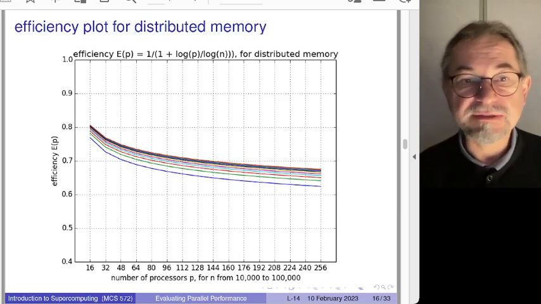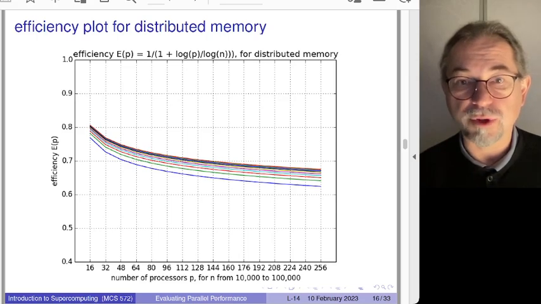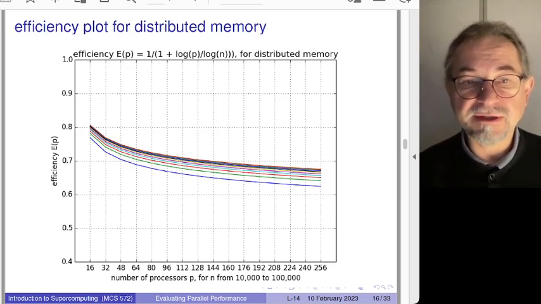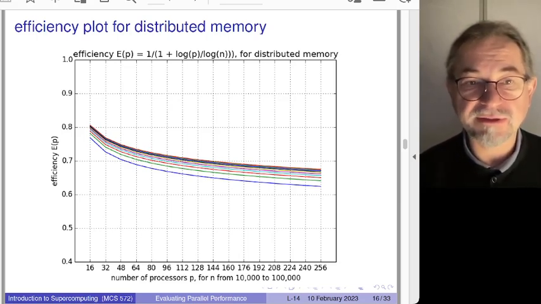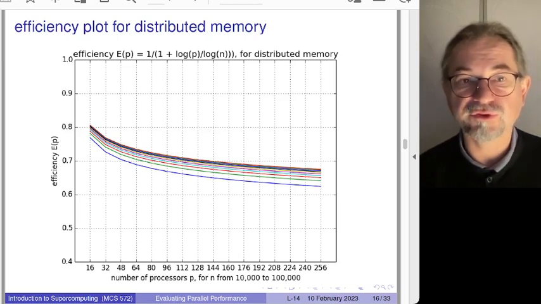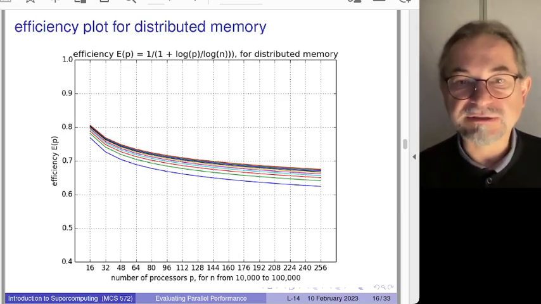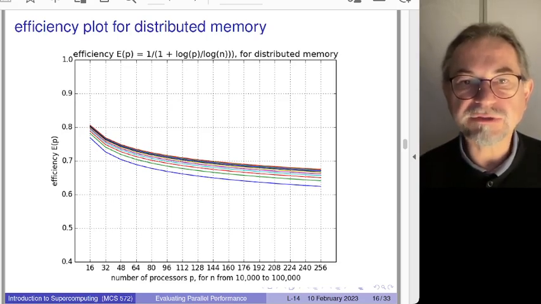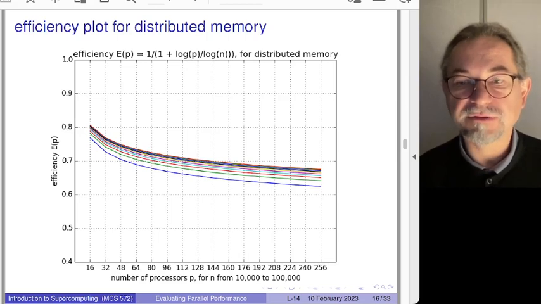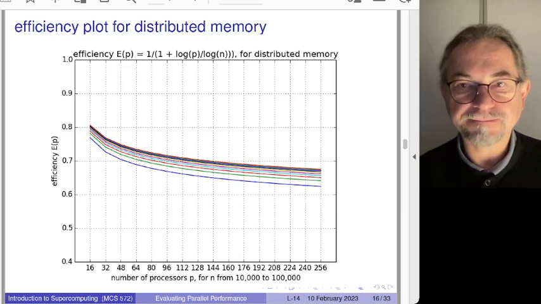You still keep 60% efficiency for all problem sizes, but you don't get higher than 70%. For 16 processors, you get a little bit over 80%. But as your number of processors increases, you don't get to 70%. So this plot summarizes the situation for distributed memory.